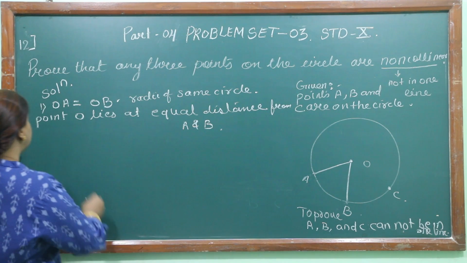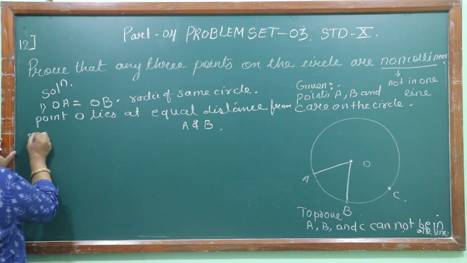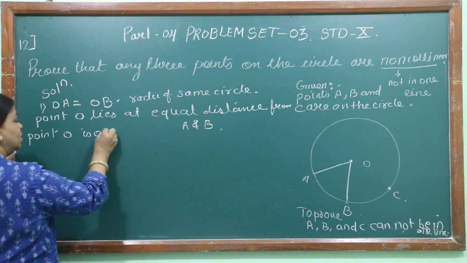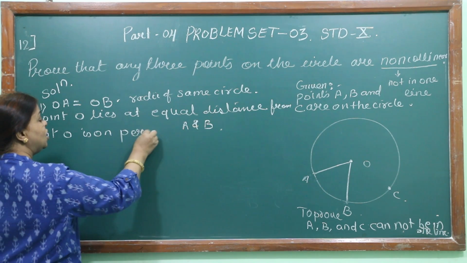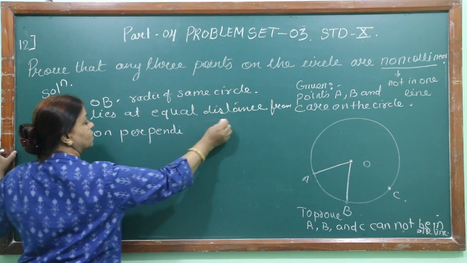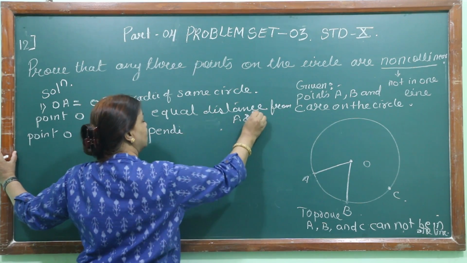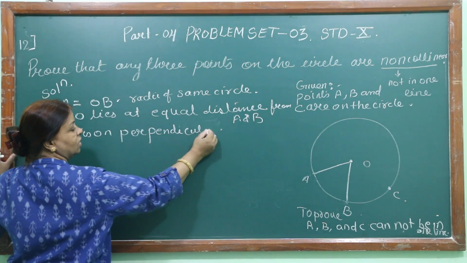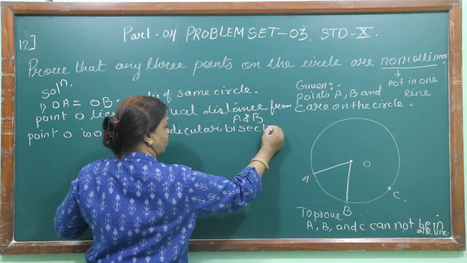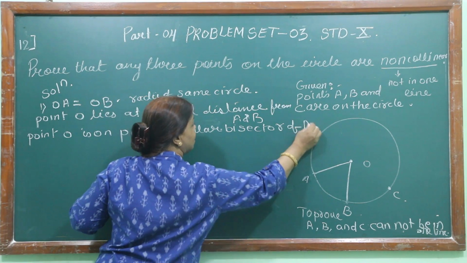Because OA is equal to OB, that means point O is on the perpendicular bisector of AB.